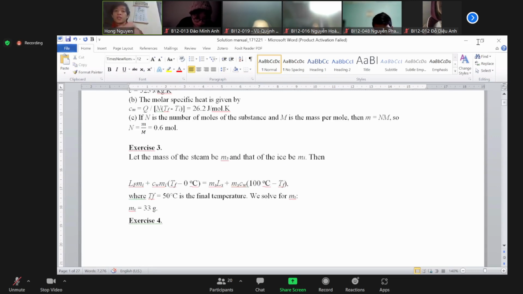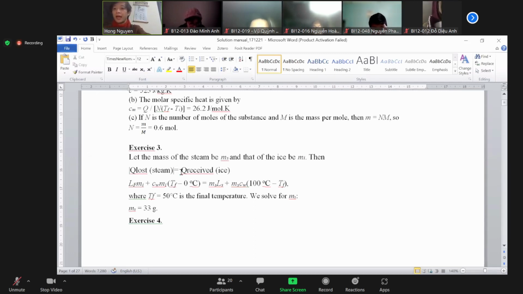Do you see my screen? We can. Yeah, this one is steam, okay? Will be equal to the heat received by the ice. But here, actually, I'm talking only about the magnitude. For the magnitude, you have this, okay?